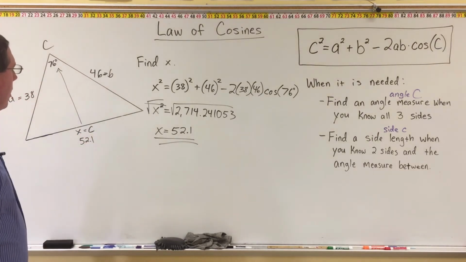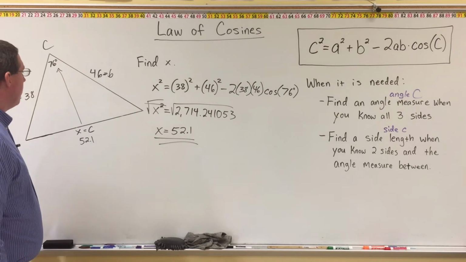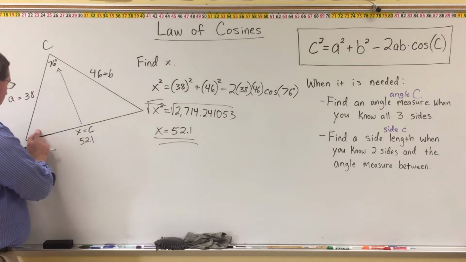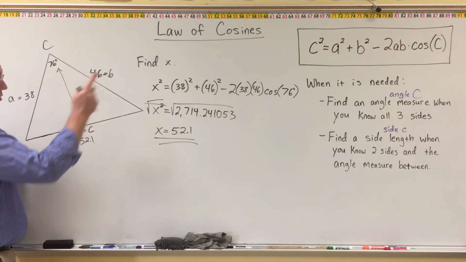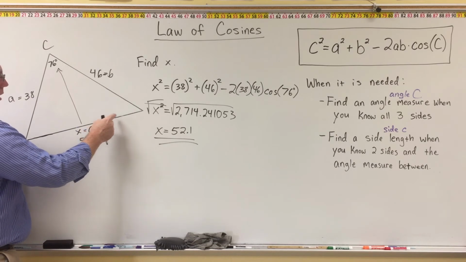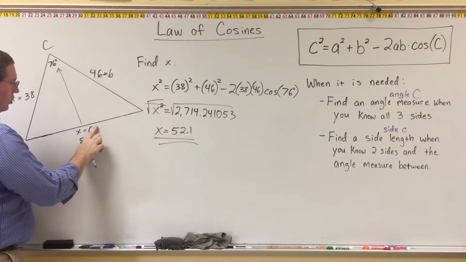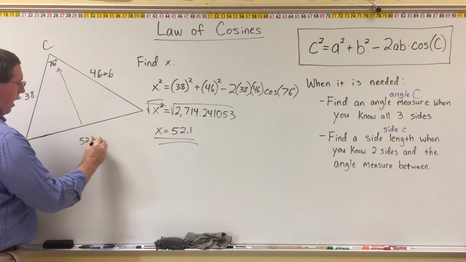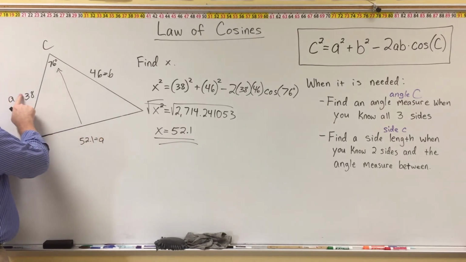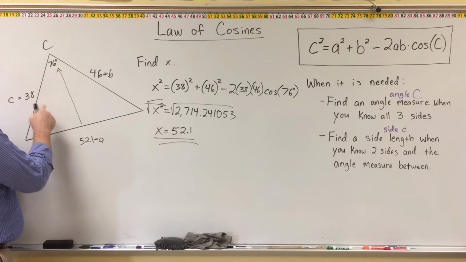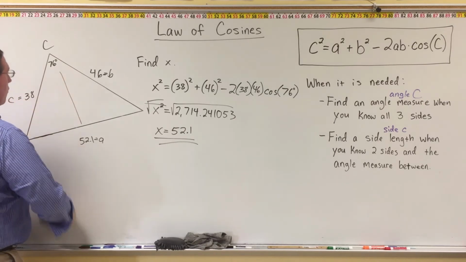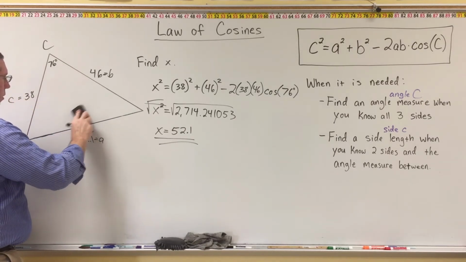Now let's say that we wanted to find the other two angles here. We could just use the law of cosines to find the angle. Using this as B, we would have to change this one to A. We would have to change this one to C because it's across from what we're now trying to solve for.